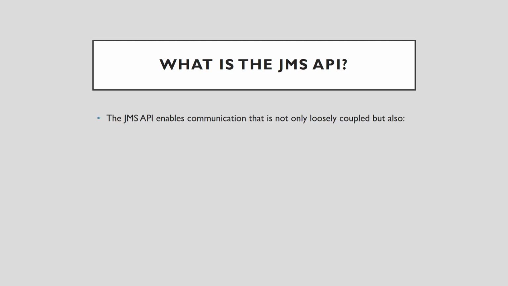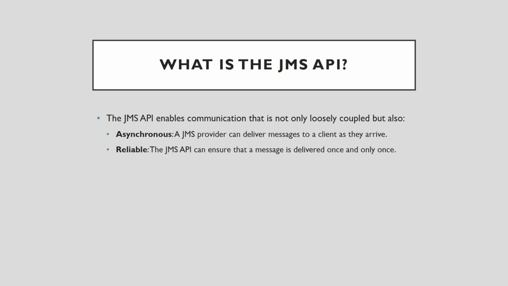The JMS API enables communication that is not only loosely coupled but also asynchronous and reliable. Asynchronous in the sense that the JMS provider can deliver messages to a client as they arrive; a client does not have to request messages in order to receive them.